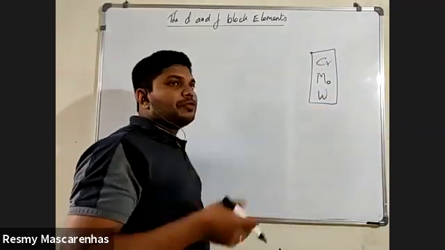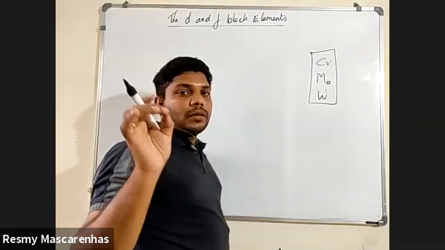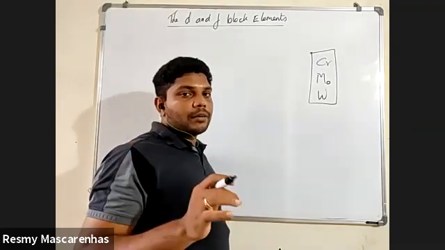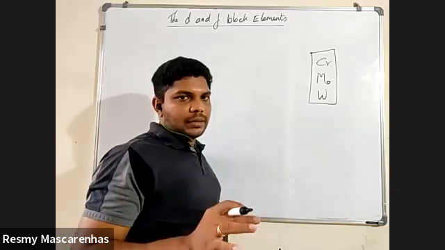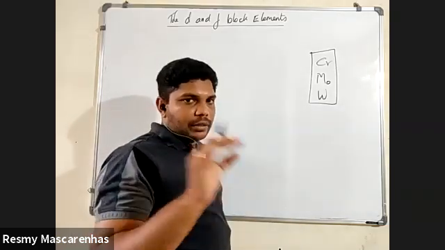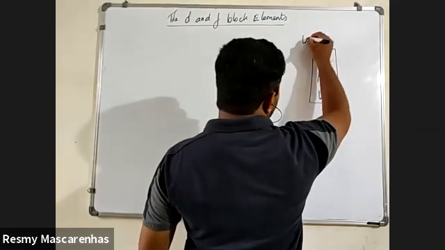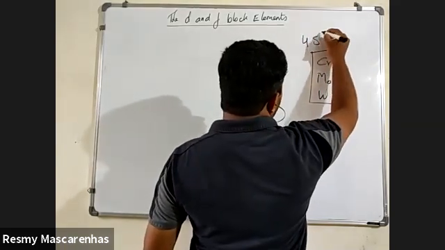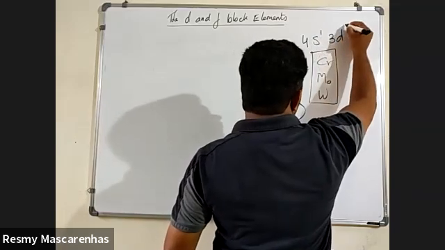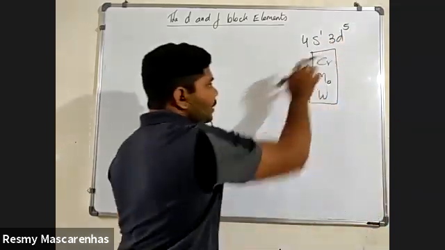Now, just before I asked regarding the question where the most number of unpaired electrons are there, we said manganese. But if you go through the electronic configuration in this series, it is 4s1 3d5. This is the way we have written for chromium.